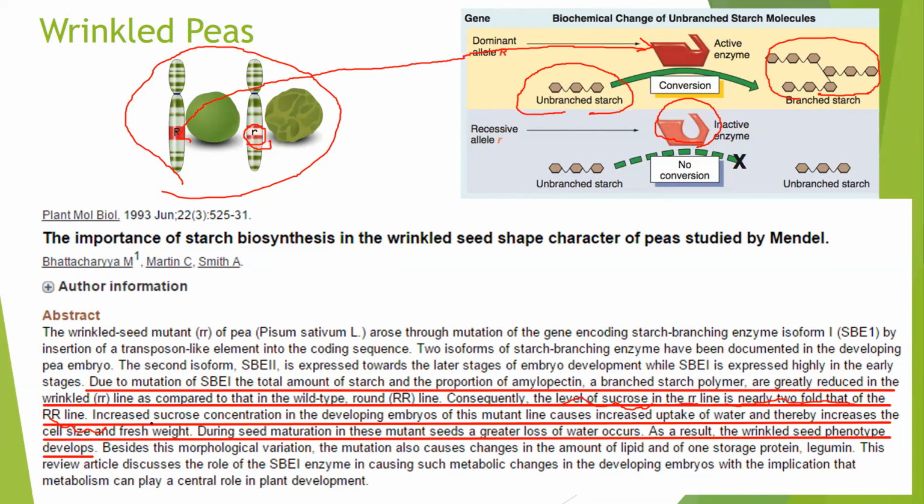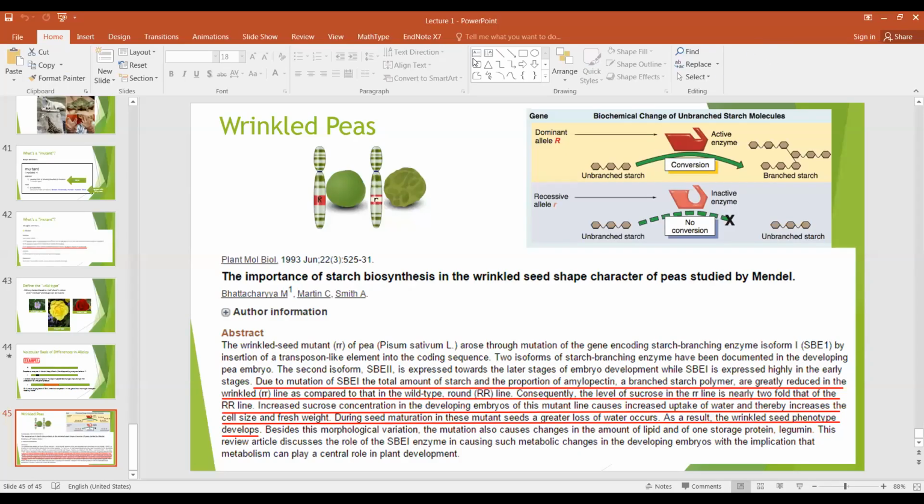But this type of seeds contains a lot of good things: the sweet, unbranched starch. So if you prefer the sweeter pea, yeah, just go for this type. All right. So I think this is the end of lecture 1. Let me stop sharing this, and we're going to continue with the second.